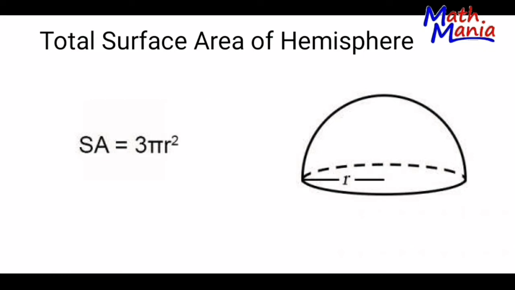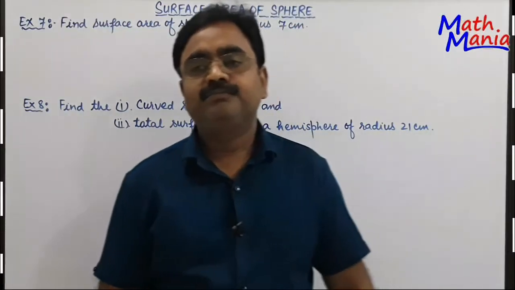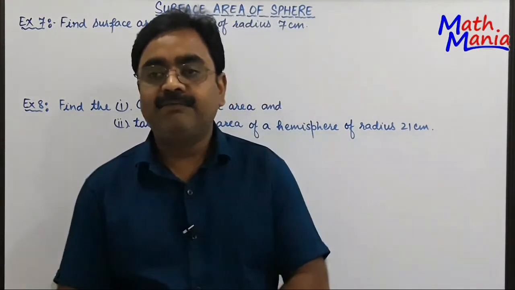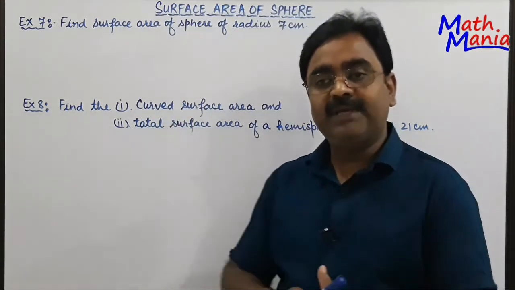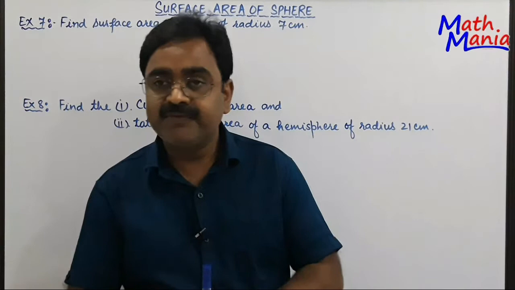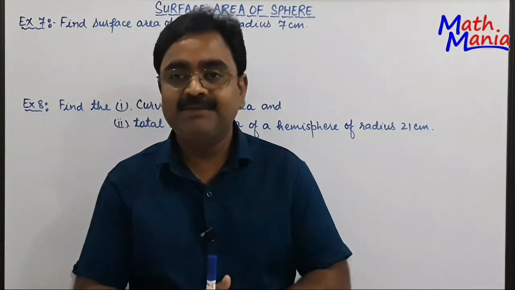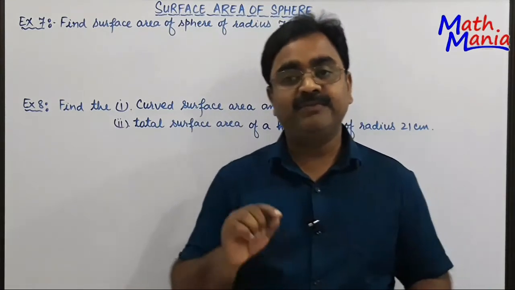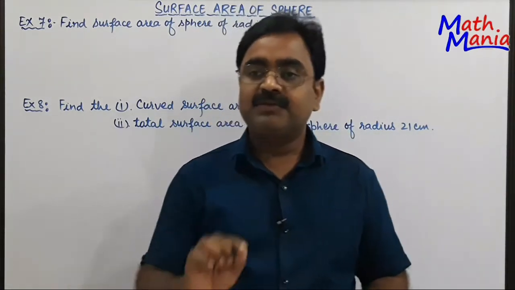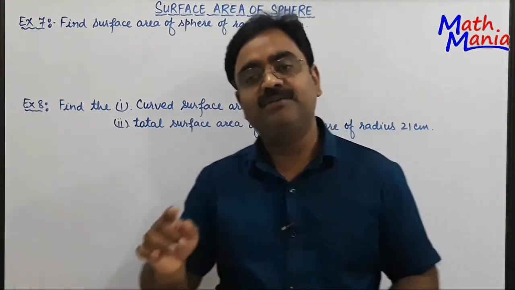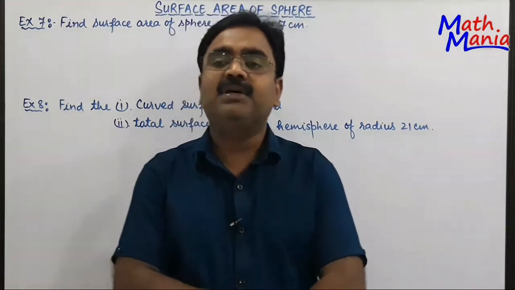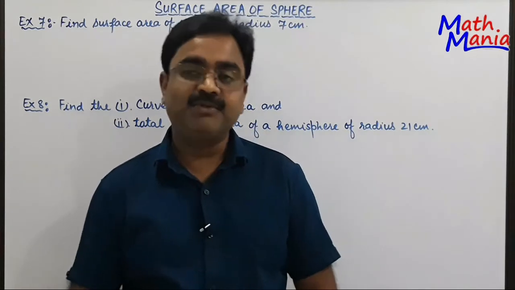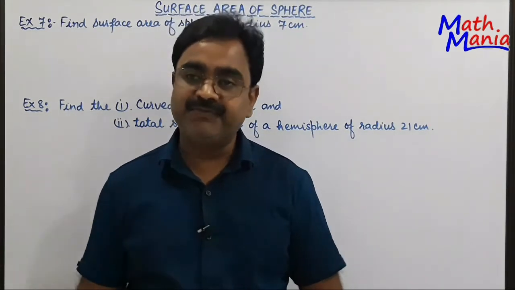As in the introductory part of the surface area of a sphere, we have read that the surface area of a sphere is 4 pi r square. This sphere has only one piece of information, which is the radius. So the surface area, or you can say the curved surface area, of a sphere are both the same, equal to 4 pi r square, because there is only one surface in the sphere.